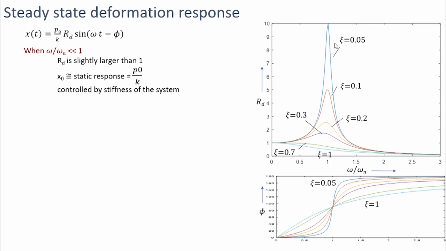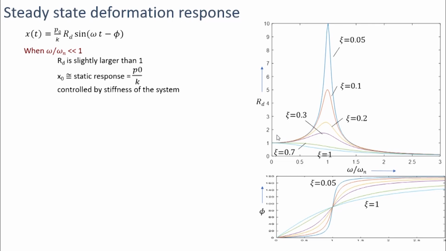So when the frequency ratio is smaller than 1, in this range, this Rd value is very close to 1, which means the steady state response is approximately equal to the static response.